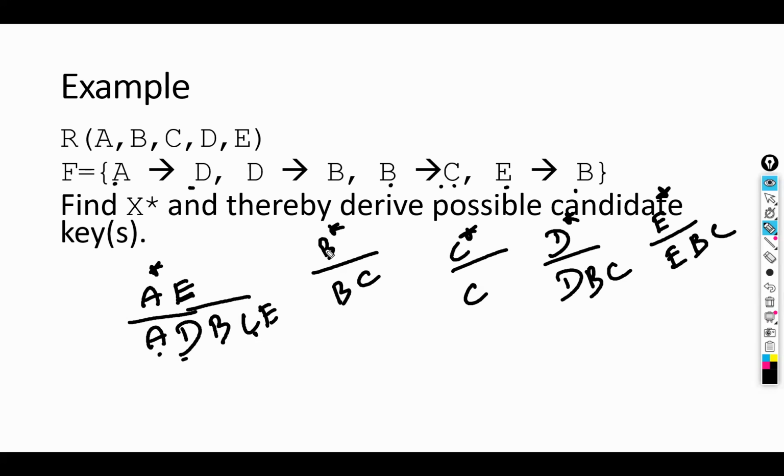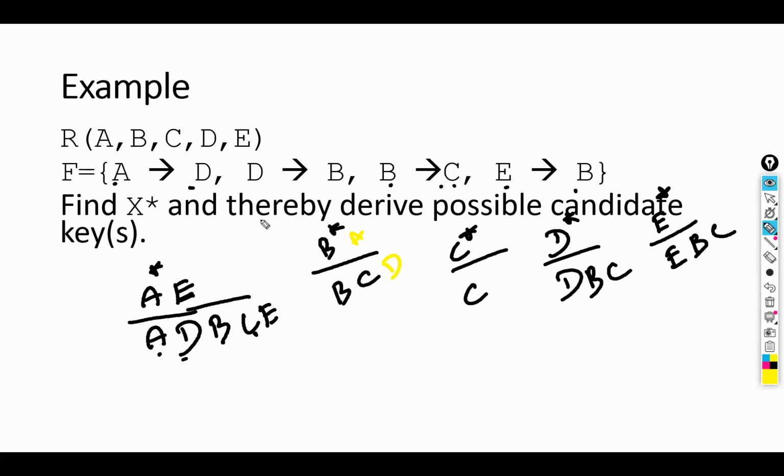For example, if I introduce maybe A here, now remember B is not a candidate key, right? Maybe if I introduce A here, then A determines D. D determines B, B is already there, B determines C already there, and that's it. So therefore, BA is also not a candidate key. Likewise, you can check, right?